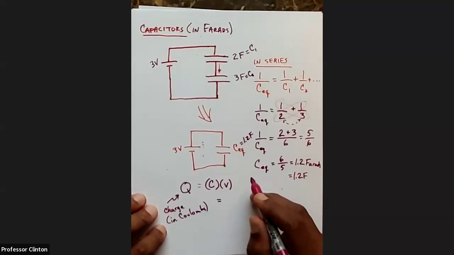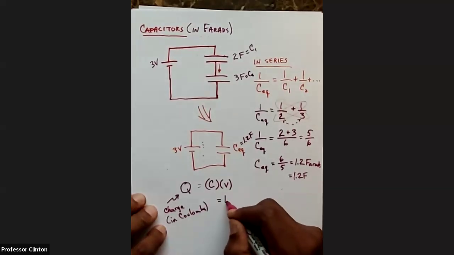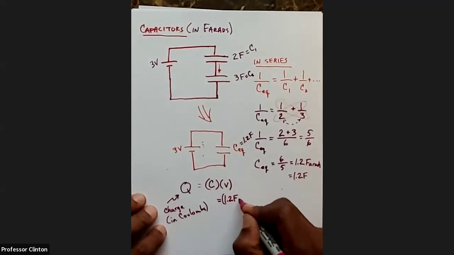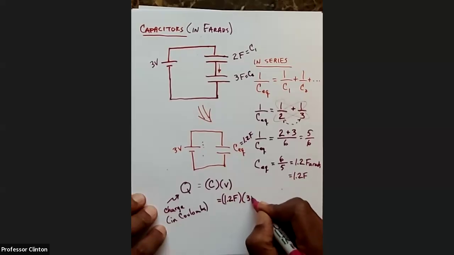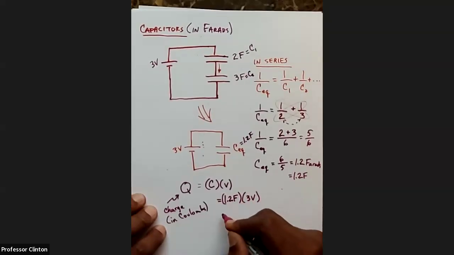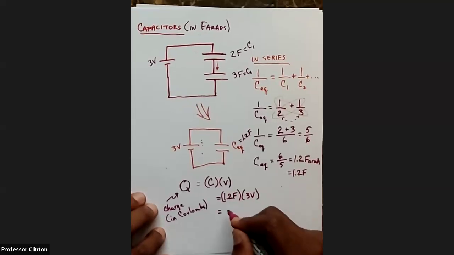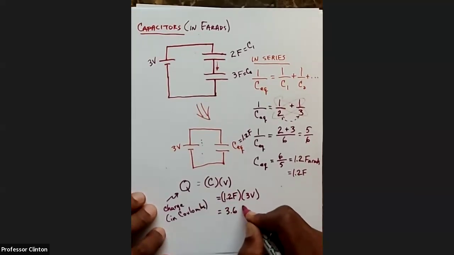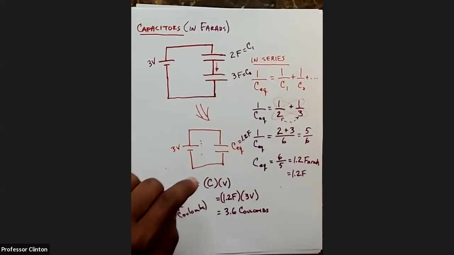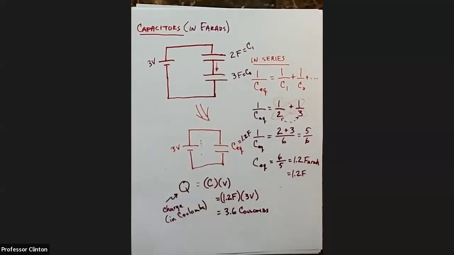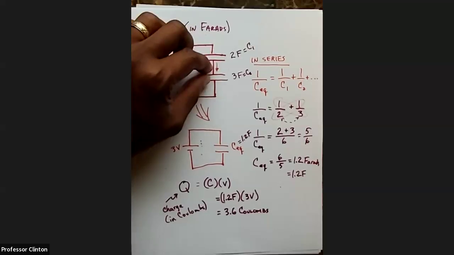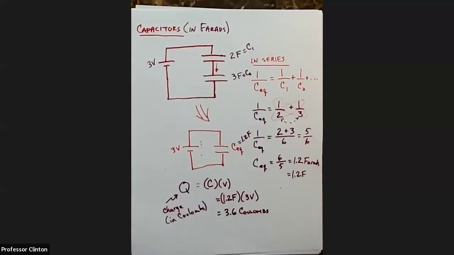In this case, the equivalent capacitance is 1.2 farads, and the voltage is 3 volts. A farad volt is the same thing as a coulomb, so we'll get 3.6 coulombs. That's how much charge this plate has, and there's going to be that same charge on each one of those pieces as well. So let's go to the simulation.